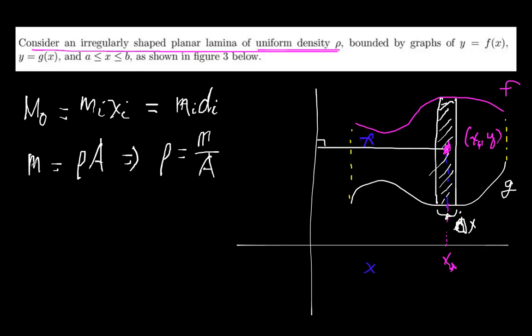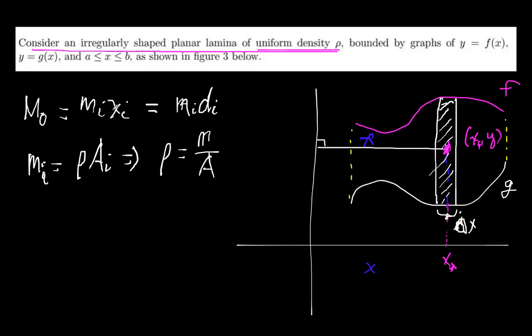And so here, our mass is equal to density times the area. So let's say this is i. And since the density is uniform all throughout the planar lamina, then it's just the density. All throughout, the density per region is equal to rho, okay? So we can substitute this. Oh, this is i.